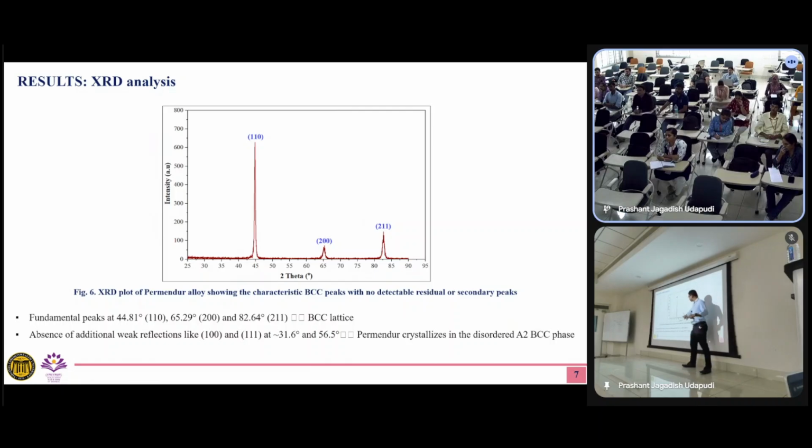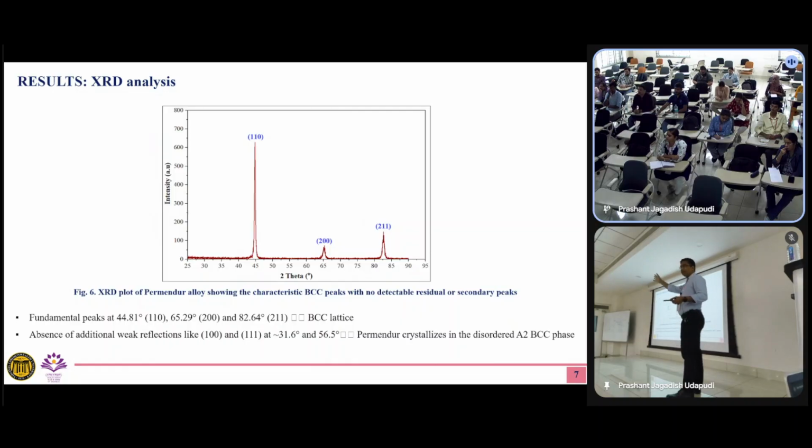Now you see how there are only three clean peaks. Can you tell me why we only have three clean peaks? Cubic structure, simple, highly symmetric structure, which is cubic, right? But if you had orthorhombic or monoclinic or hexagonal, what will happen?